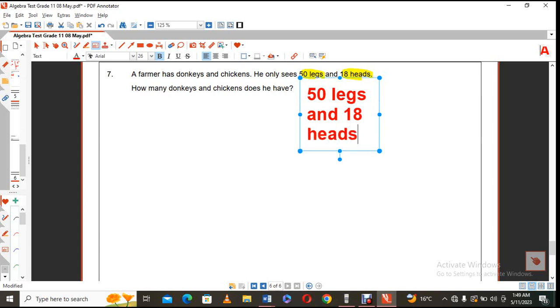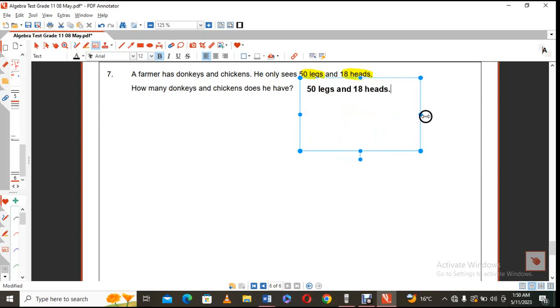It's an honest mistake, so let's correct that little bit so that you are not getting confused when you are going through this. So that would be replaced by 50 legs and 18 heads.